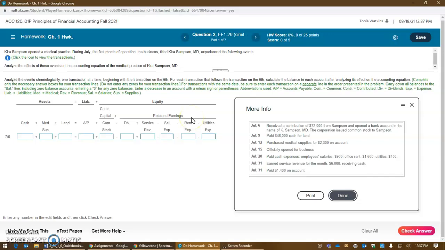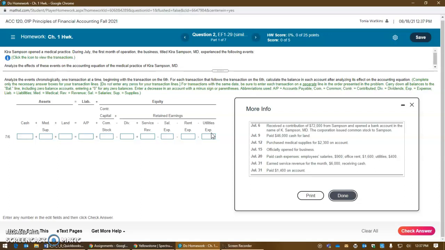Retained earnings is how much money the company earns minus all the expenses and dividends, which they can reinvest, put back into the company. Dividends affect retained earnings, revenues make it go up, and any expenses that the business has to pay out to keep the company in operation, such as salaries, rent, and utilities.